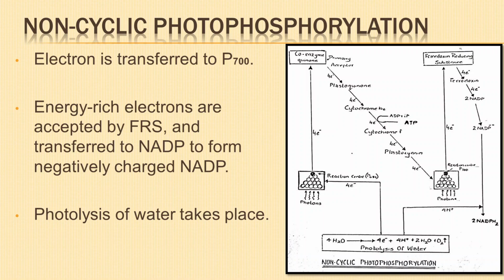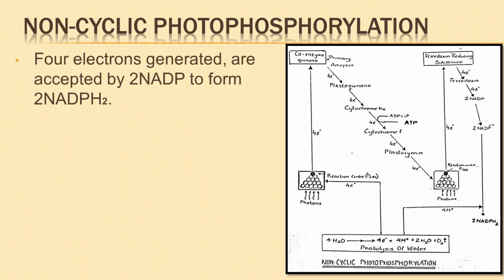Splitting of water molecules into H plus and OH minus ions in presence of light and chlorophyll is known as photolysis of water. The 4 electrons generated during breakdown of 4 water molecules are accepted by 2 NADP to form 2 NADPH2.